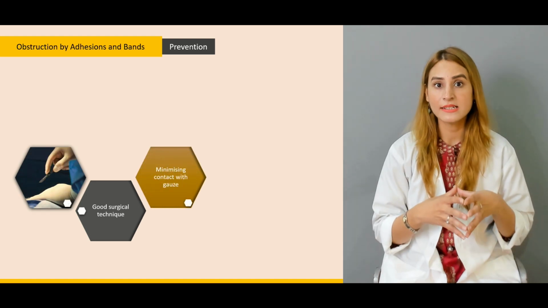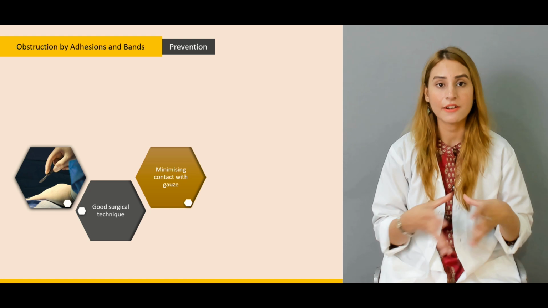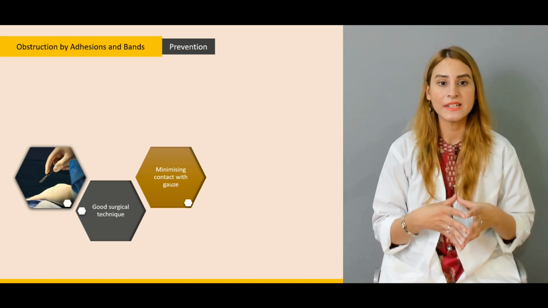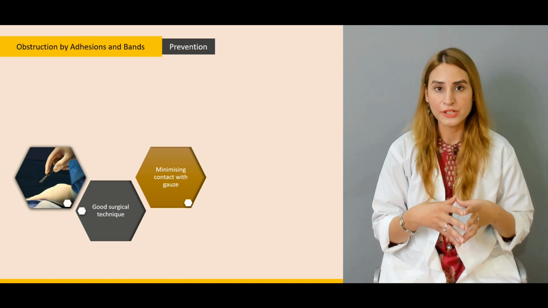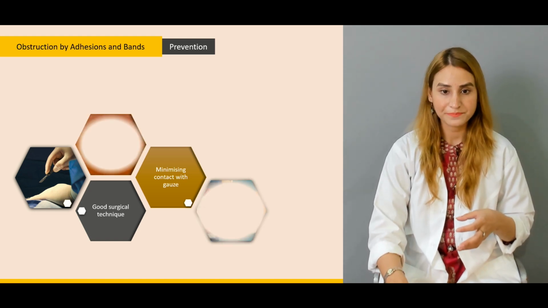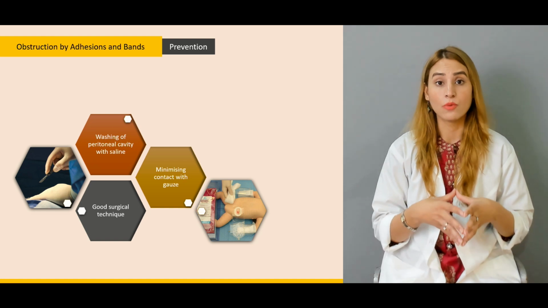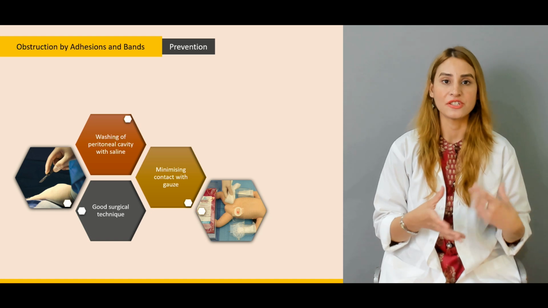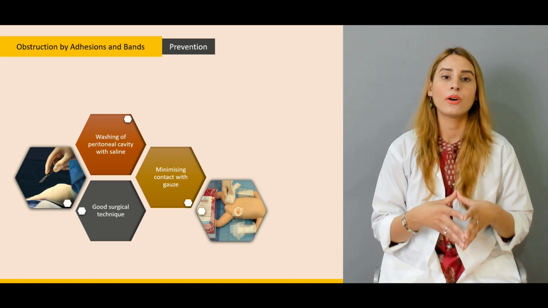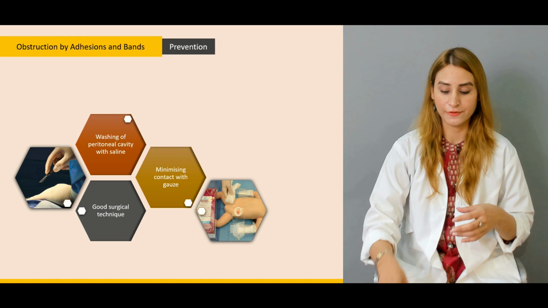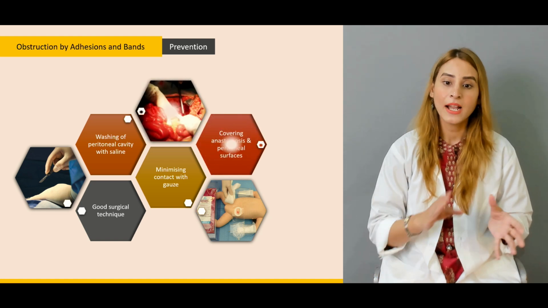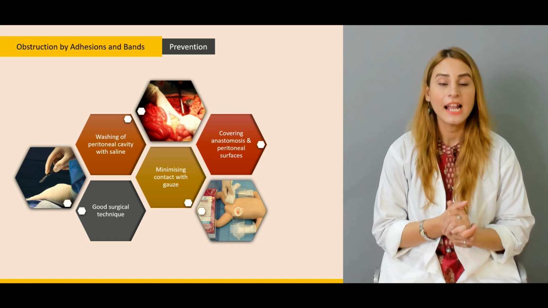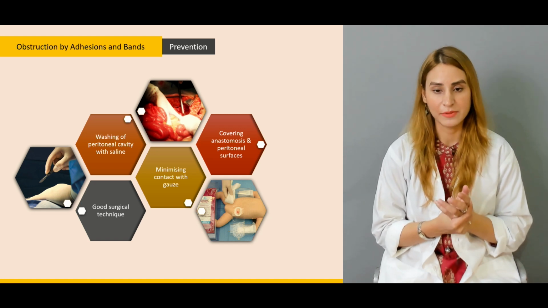If you minimize the intestinal contact with the gauze, that can also be a good preventive strategy for the formation of adhesions and bands. Also, if we wash the peritoneal cavity with saline after the procedure is completed, this can be very helpful for prevention, right? And if we cover the anastomosis and the peritoneal surfaces, that can also be important in prevention.